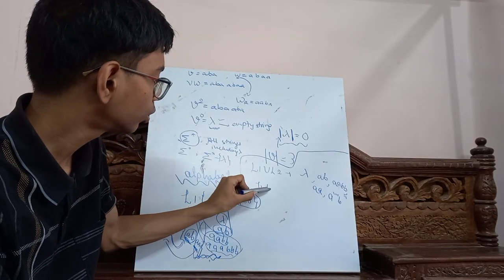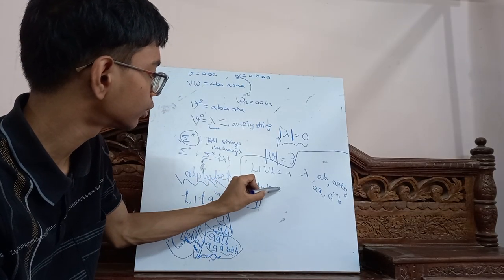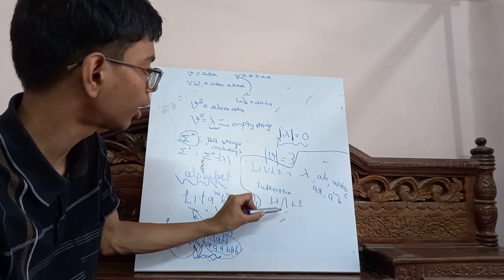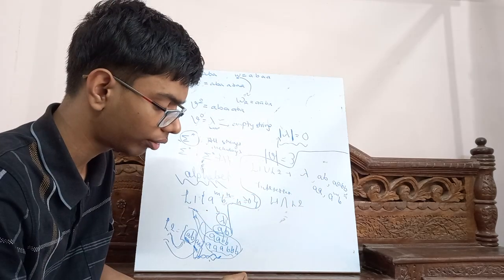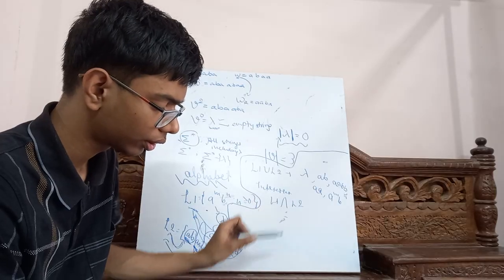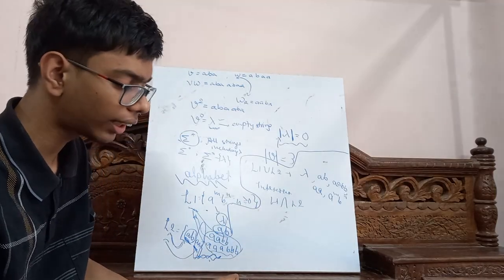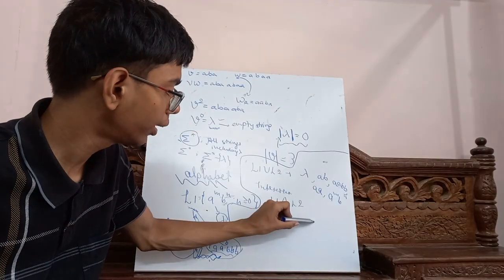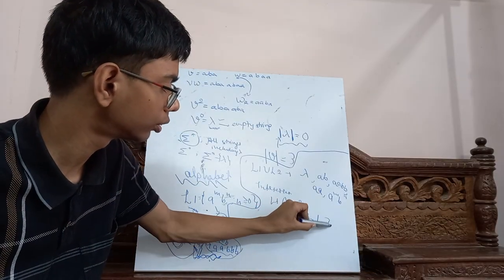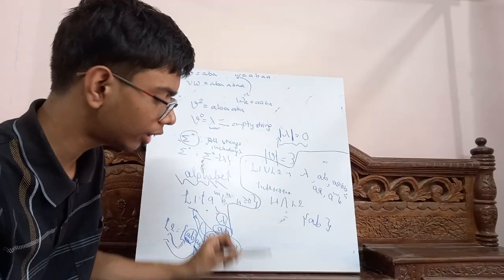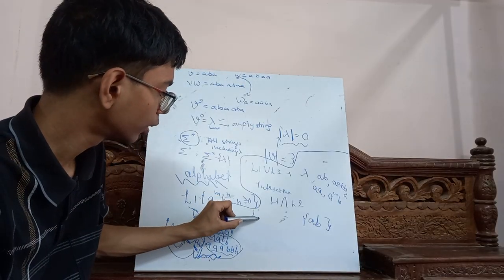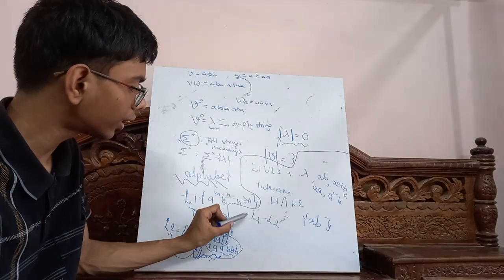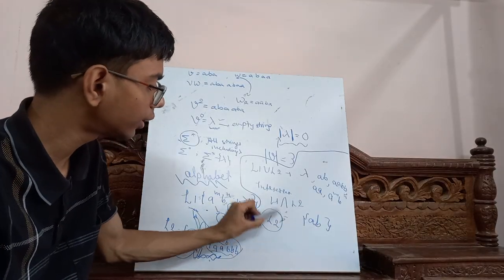And then intersection. If we talk about intersection, that is L1 intersection L2, I will get only the strings that are in both languages. So it is only ab. Difference, L1 minus L2, that is strings that are in L1 but not in L2.